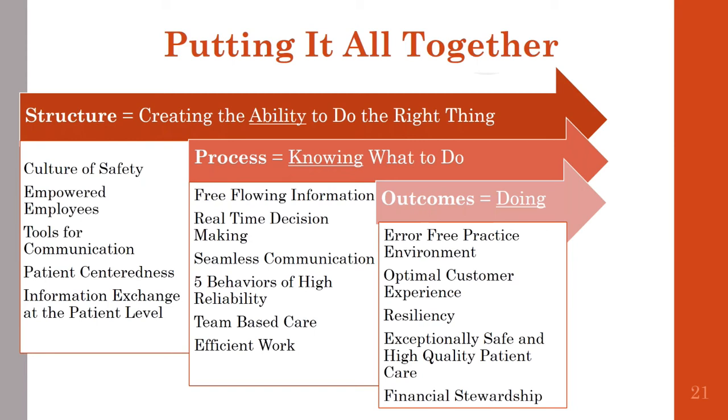If we have the right structural components in place to do the right thing, then the process will show evidence of knowing what to do. And knowing what to do is really those behaviors we spoke about earlier, the team-based care models and interdisciplinary care team, and actually being able to make real-time decisions because you were fully informed and communicated with through the tools that exist in your structure.